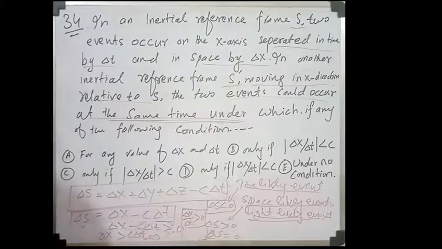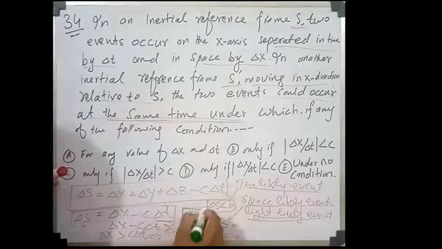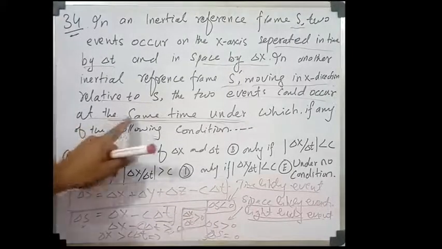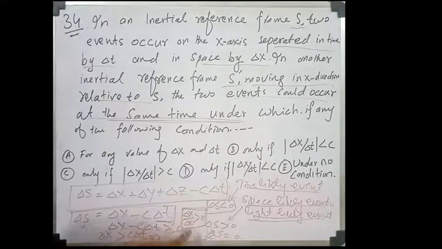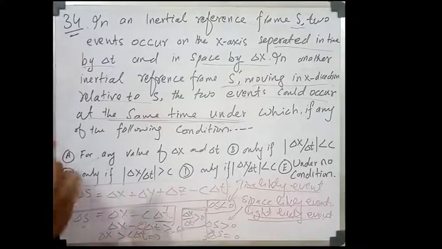So this is the right condition for these two events to occur at the same time: delta x divided by delta t is always greater than c. So option C is the right option in this problem.